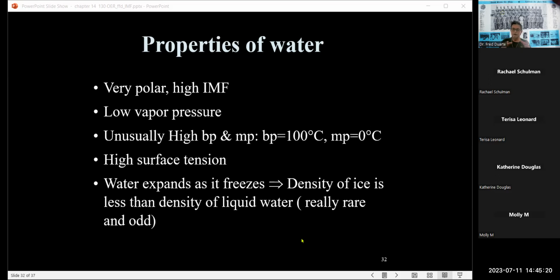So if I have 10 milliliters of liquid water and then I freeze it and measure its volume, it is now 10 plus. Because it's expanded, the density of ice for the same amount of water is much less.